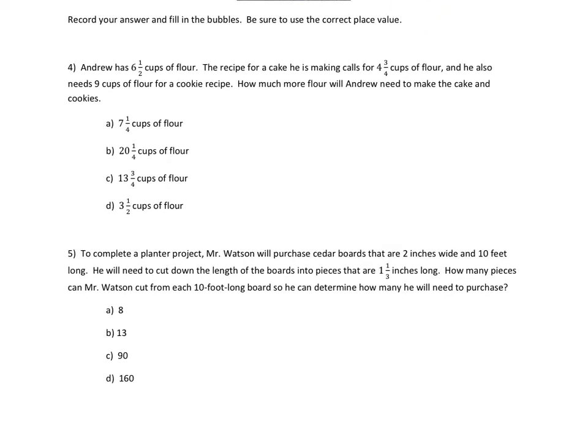Okay, number 4. Andrew has 6.5 cups of flour. The recipe for the cake he's making calls for 4 3/4 cups of flour. And he also needs 9 cups of flour for a cookie recipe. How much more? How much more means a subtraction problem. Well, Andrew needs to make the cake and cookies. So if he started with this, but he used this, that will give us our first amount of what he has, right?